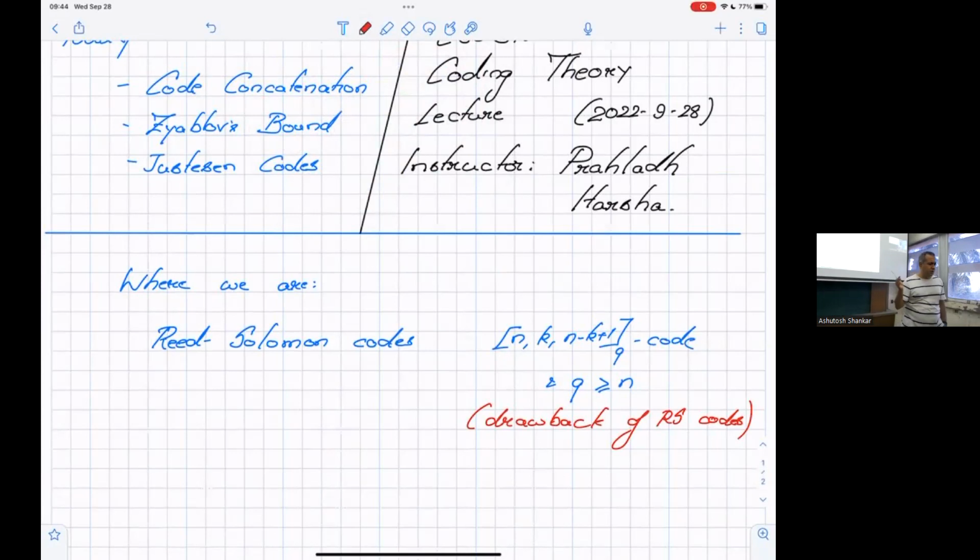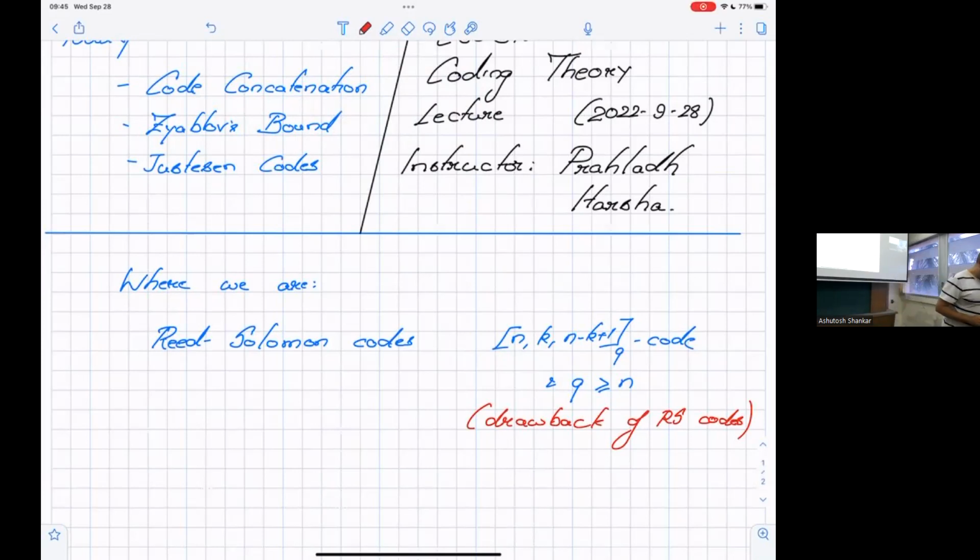One of the projects is to ask about the MDS conjecture: if the code is MDS, how large should the alphabet be? You can show it has to be at least n. It's not as if any code that meets the Singleton bound has to have growing alphabet sizes. You can come up with codes which almost meet the Singleton bound, that is, 1 minus epsilon fraction. There you can get codes with smaller alphabet, but still growing, not n, but possibly slightly smaller.